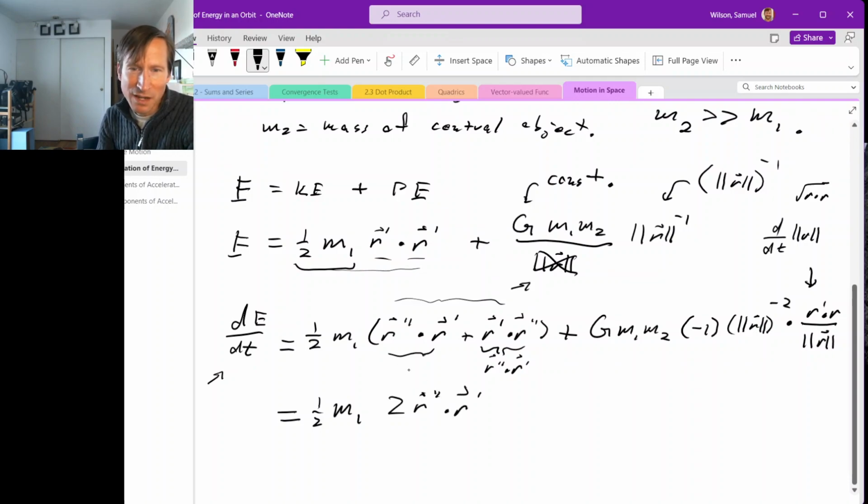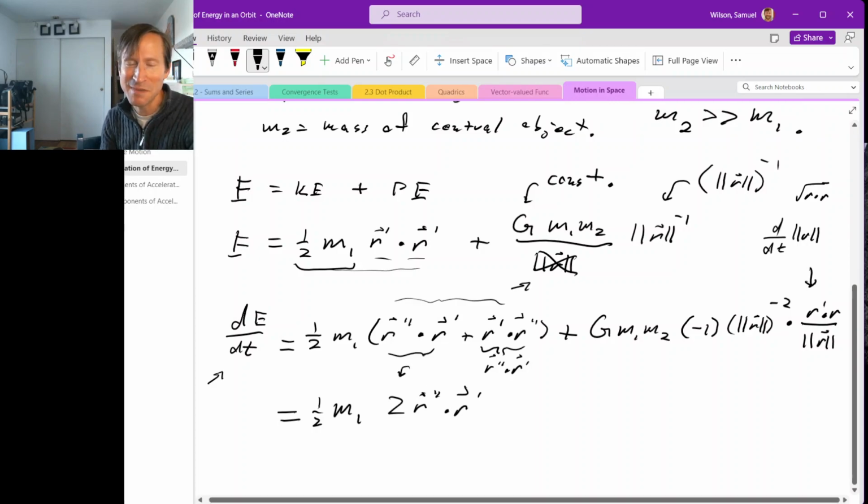And I'm being a little vague about where this 2 is located, but I can be vague because it doesn't matter if it's multiplying the dot product, or the first piece of the dot product, or the second piece of the dot product. It's the same thing no matter where we put that factor of 2. While we're simplifying, notice that this 2 cancels that 1/2.